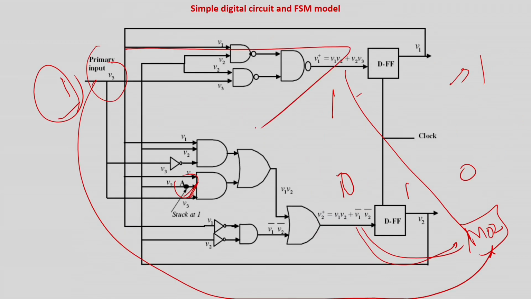So you take a cone like this, you take a cone like this, you represent this part as a BDD, normal mode, and all the cones you represent by BDDs. That is a symbolic representation of the finite state machine. Then you make a faulty representation of all the BDDs, and then you XOR them. If you XOR the normal and the faulty BDD, all paths leading to the one of this BDD are going to be the test vectors which differentiate the fault.